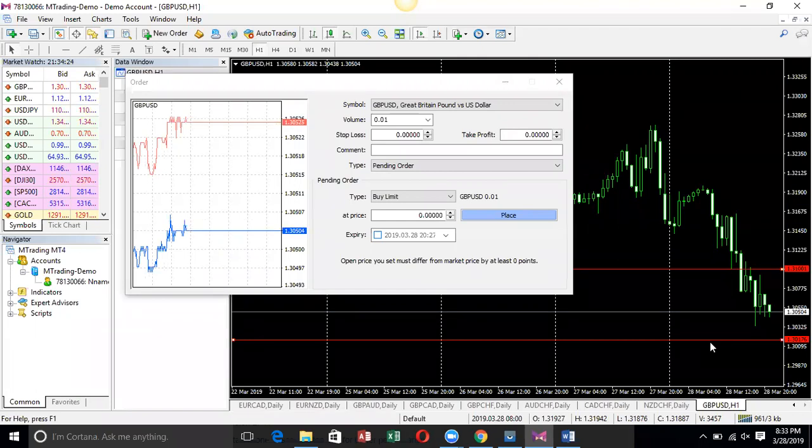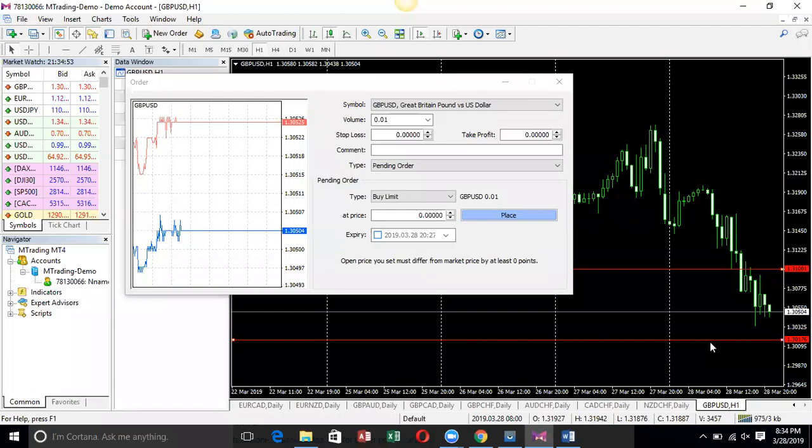Remember, we said that your at price is also regarded as your entry price, because that is the price you will enter the market when the price gets to your at price. When the current price gets to your at price, it will automatically take you into the market, making your at price your entry price. That is why you have to use your at price to work out your take profit and stop loss. I hope it's very clear.